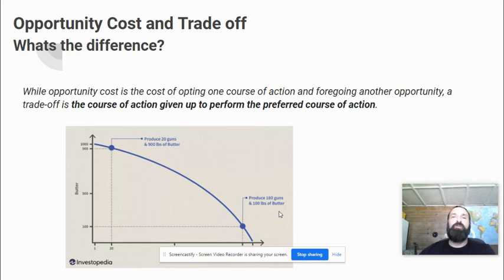What else would you spend that $120 on? Four tanks of gas, a couple of dinners, dates, all those things. So those are the trade-offs. I hope that makes sense.